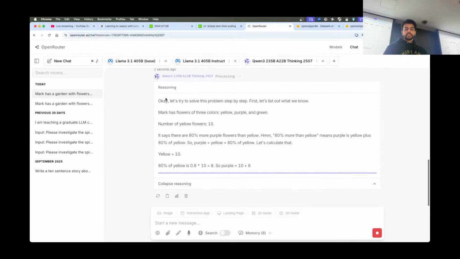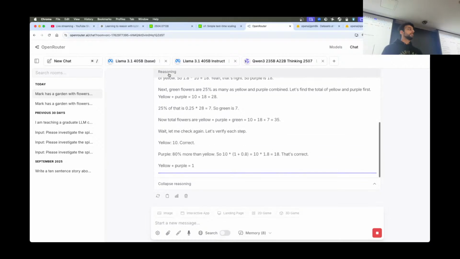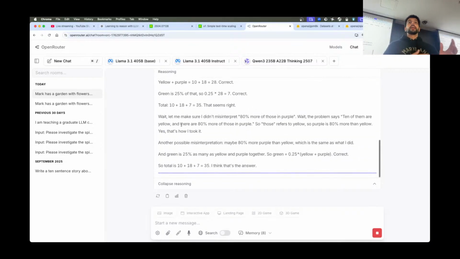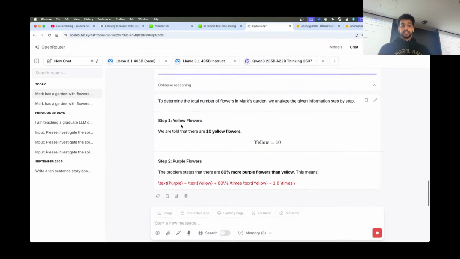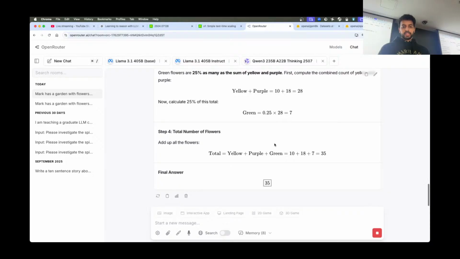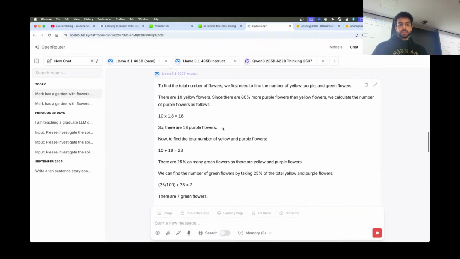Okay, so you can see here that unlike the other two models, there's this reasoning happening right now. It actually hasn't even started producing the final answer. Now it's producing the final answer with all this nice formatting, and it has the final answer in a box here.